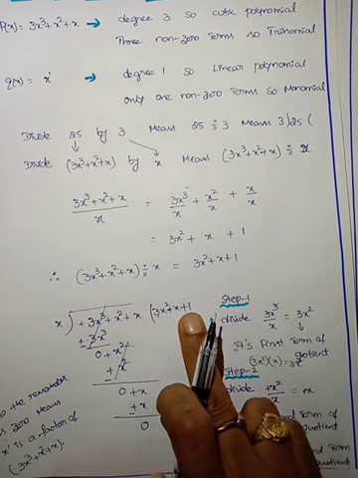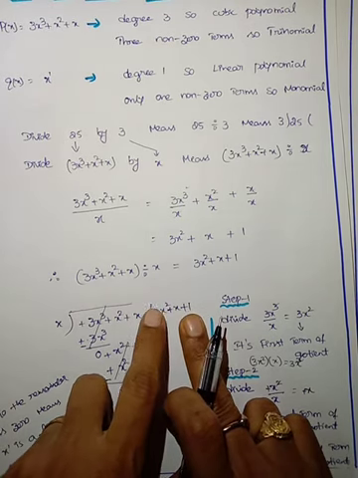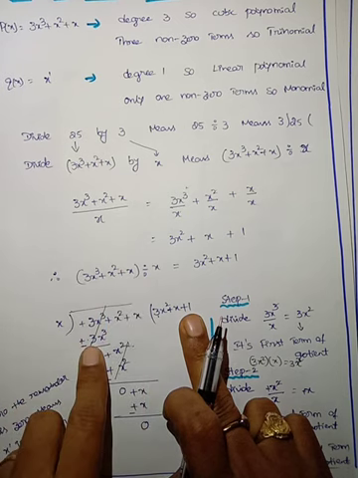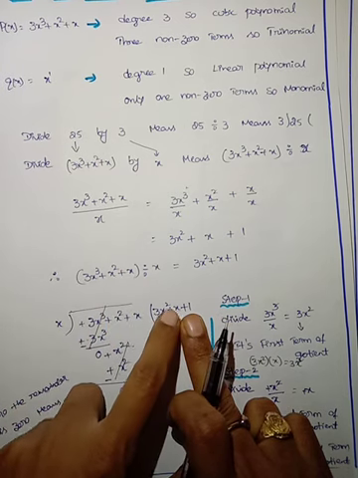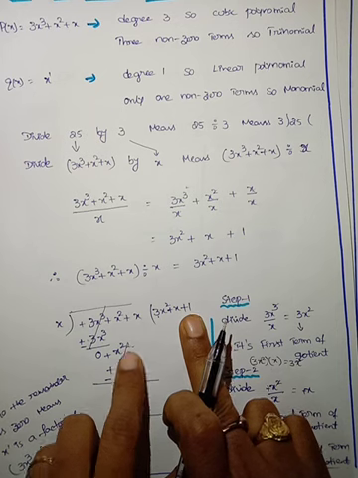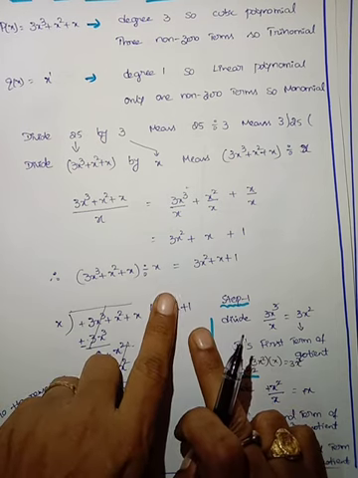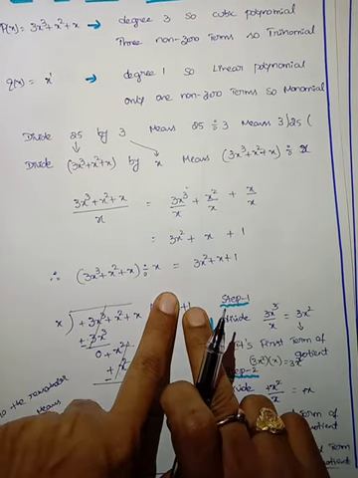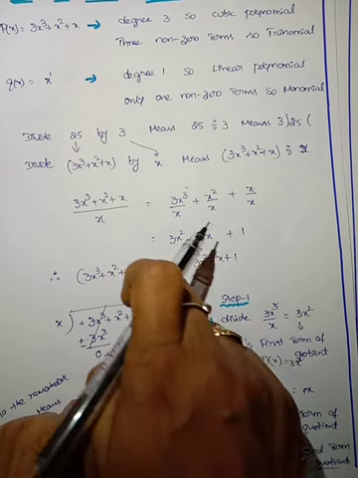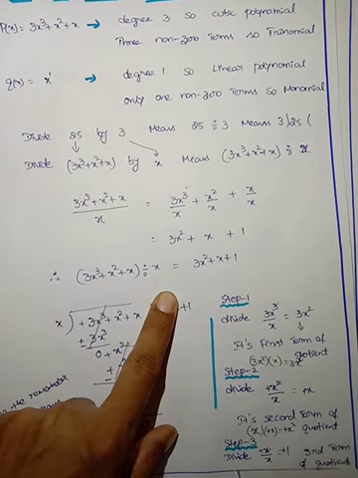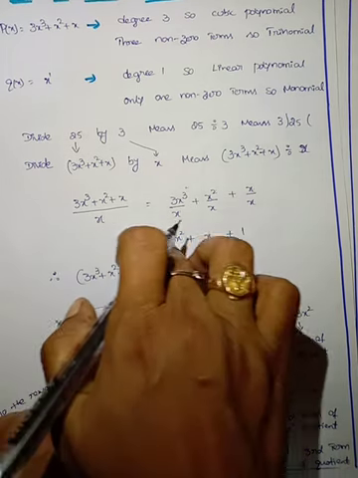Positive 1. Already you multiplied the first and second terms with the divisor. Now multiply this third term with the divisor: x into 1 is equal to x.